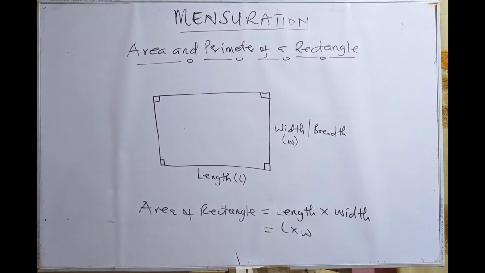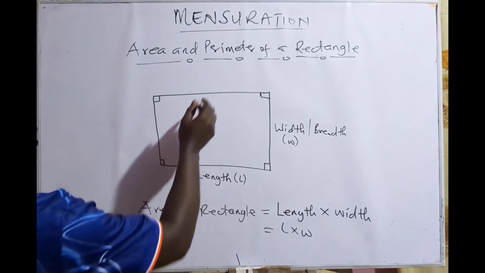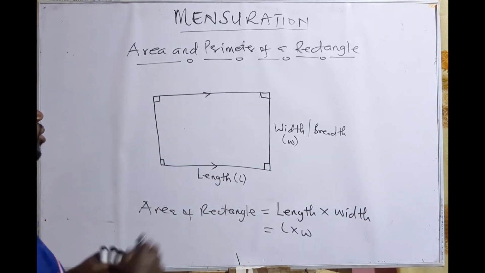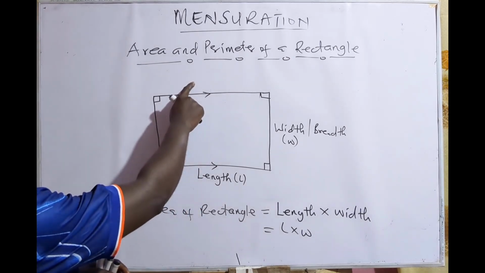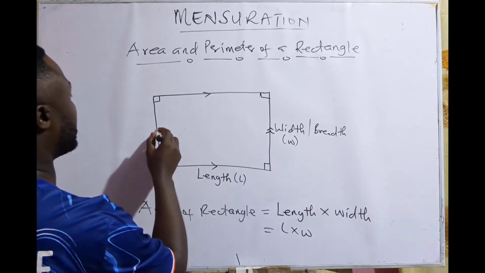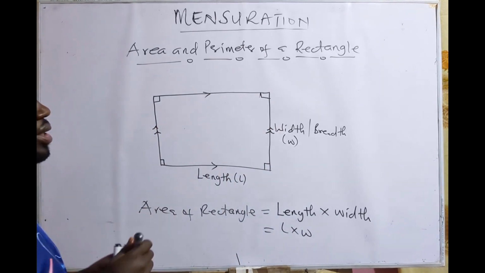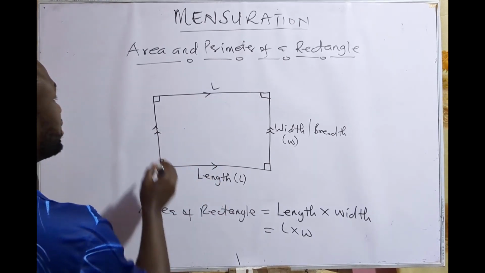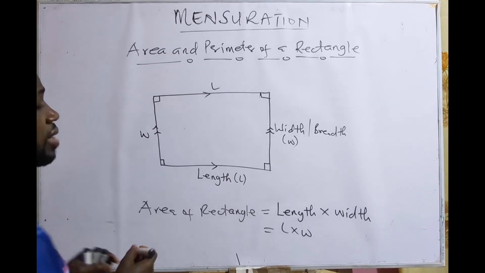What we should know about a rectangle is that the opposite sides are parallel and equal. So this side here is the same as this side, and this side is also parallel to this side, and they are also equal. So if here is the length, here is also the same length, and here is the same width.